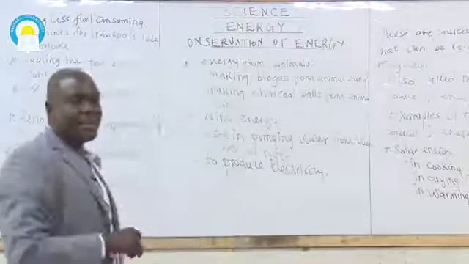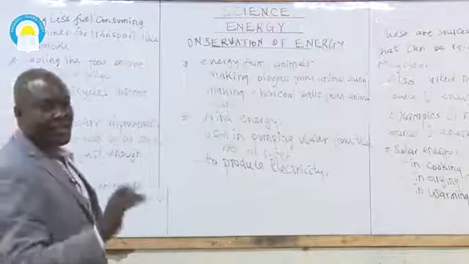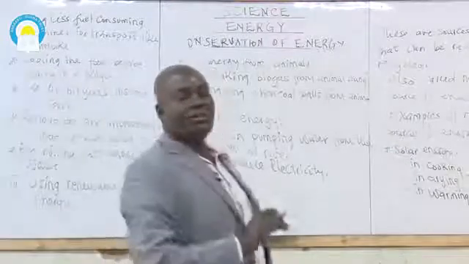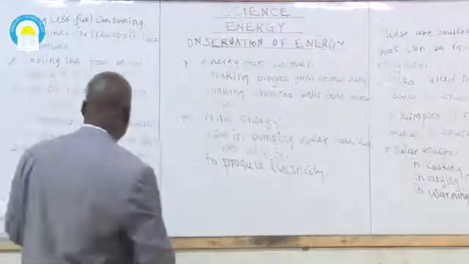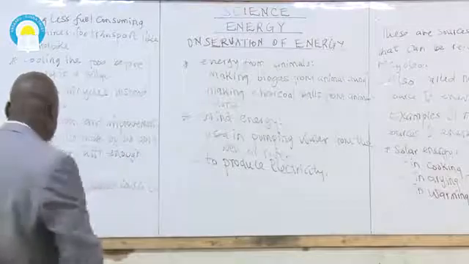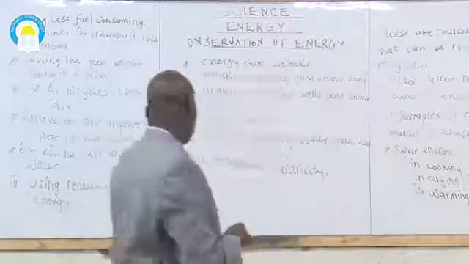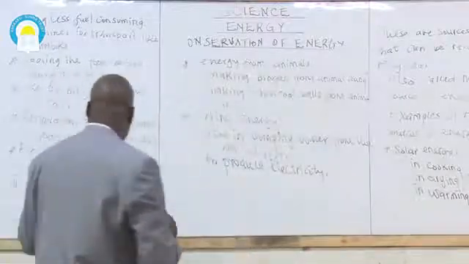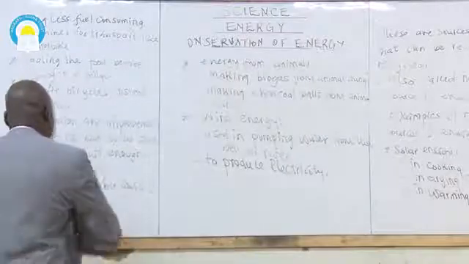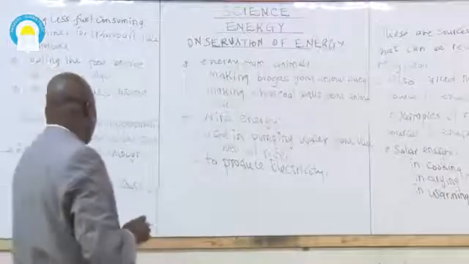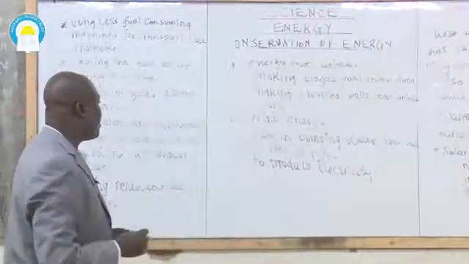Like last year, 2019, question 14 was coming from this part, which said, which of the following are the sources of renewable source of energy? The same part again, we had a question in KCP 2016, number 34. Likewise, we had a question in 2015 from the same part, number 39, about uses of renewable source of energy.